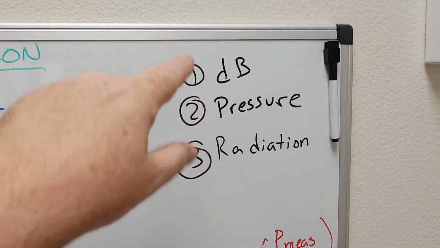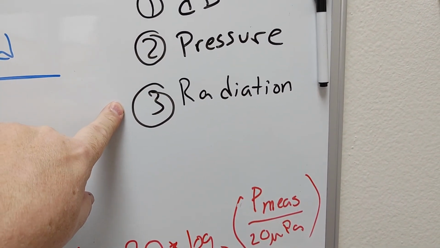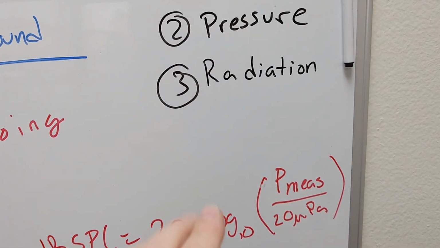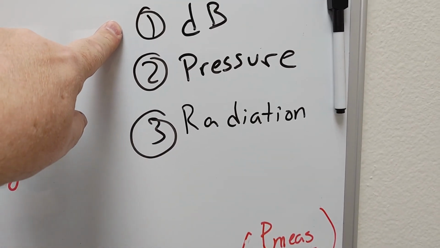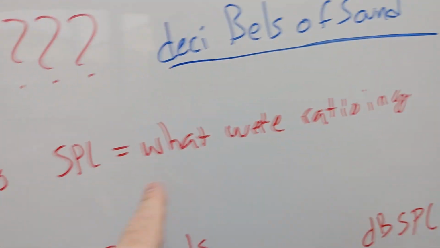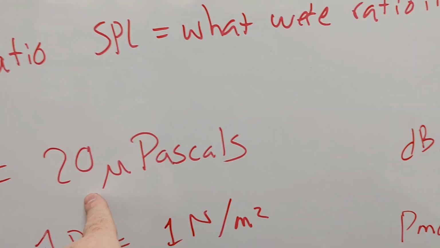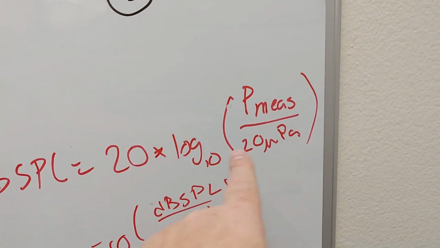The next things we're going to cover: what pressure really is, and then how pressure is radiated from a device, whether it's a sphere or a plane or whatever. That might break into two videos and be a little longer. But we covered the first one, dB. I hope you're no longer confused by what dBSPL means. It's decibels of sound, a ratio of 20 micropascals of pressure.